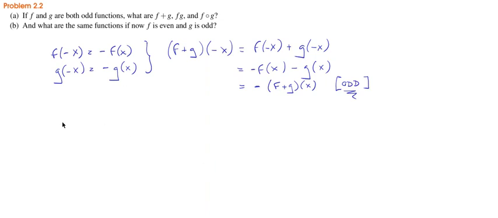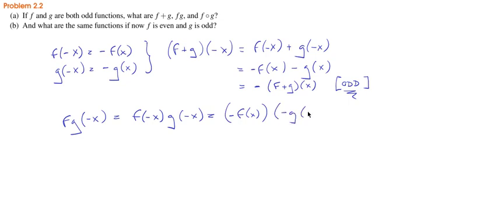Now let's do the same thing with f times g of minus x, which is f of minus x times g of minus x. So we have minus f of x times minus g of x, again using the definition here, and minus times minus is plus, so we have f of x times g of x, or in other words f times g of x.